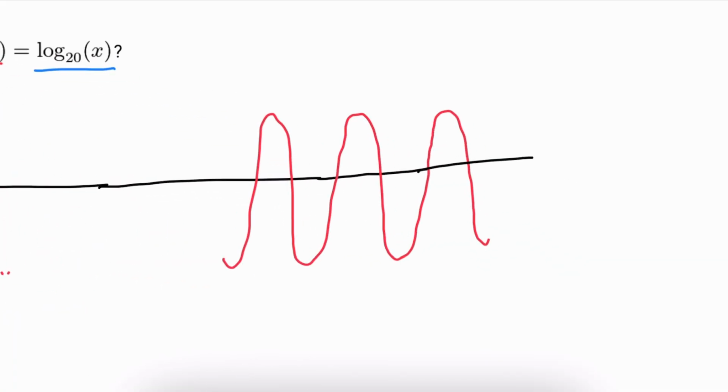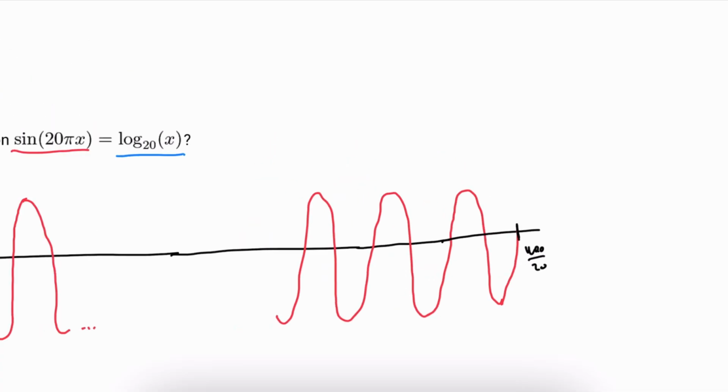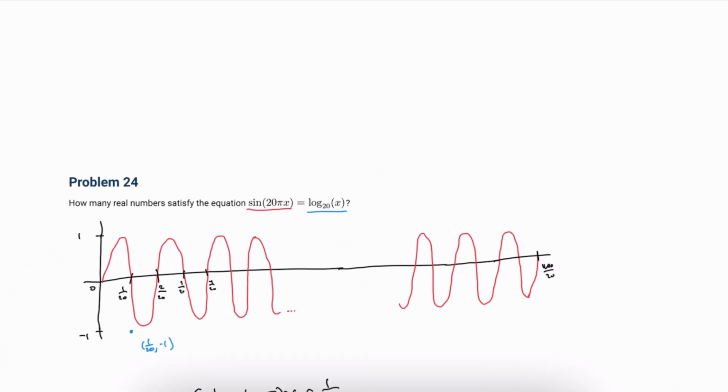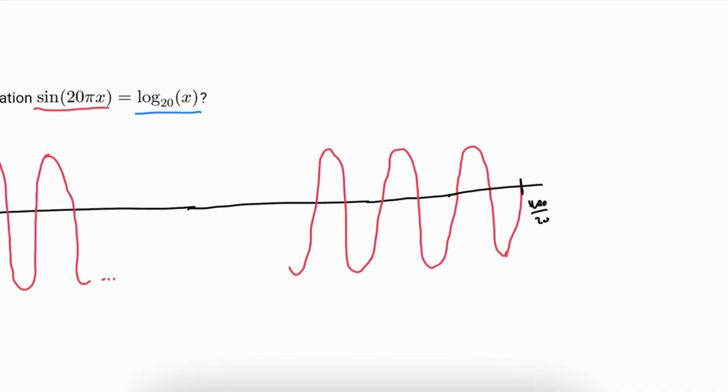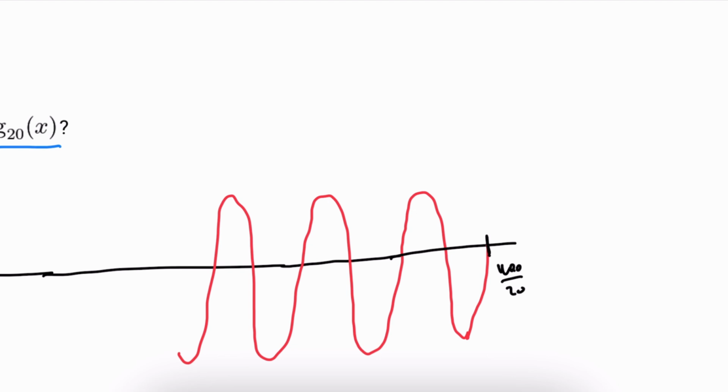One will be at the end of the period. So this will be 1, or 400 over 20. And then the graph will leave at 21.